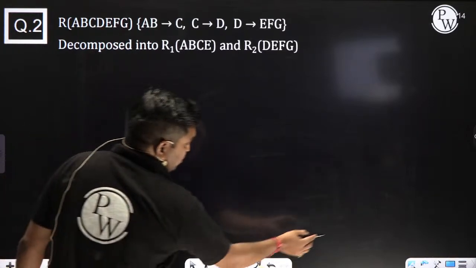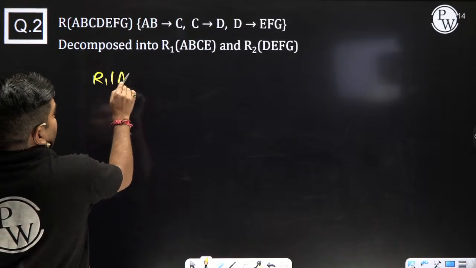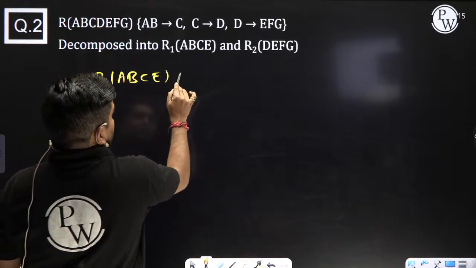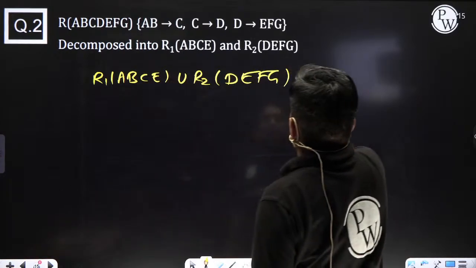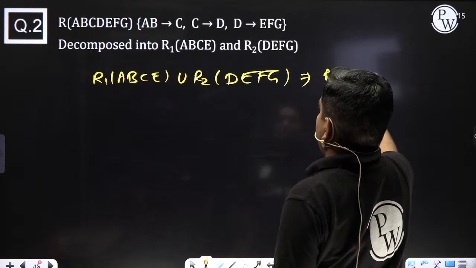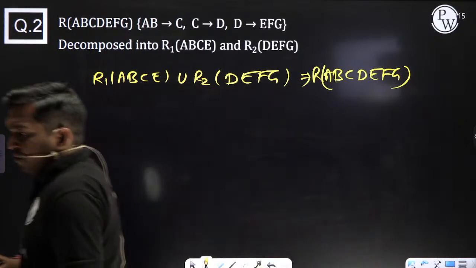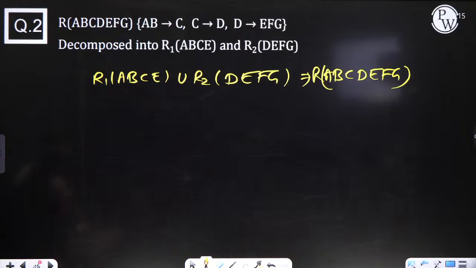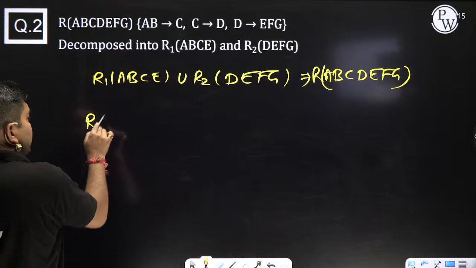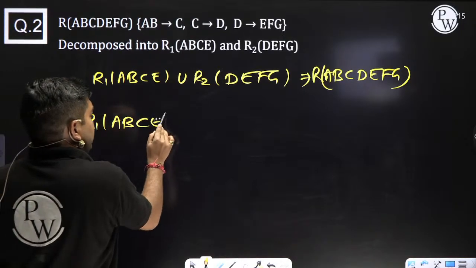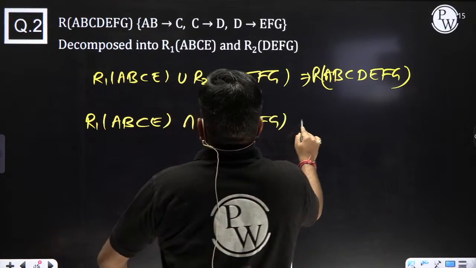First of all, I am solving with the first approach. R1 ABCE union R2 DEFG, what are we getting? ABCDEFG. We are getting the original R. Now ABCE intersection DEFG: what is the common attribute?